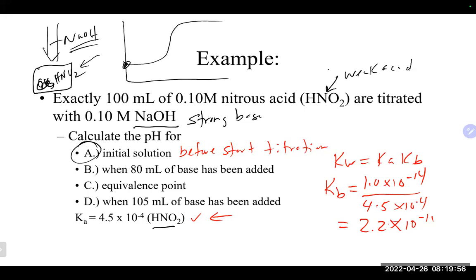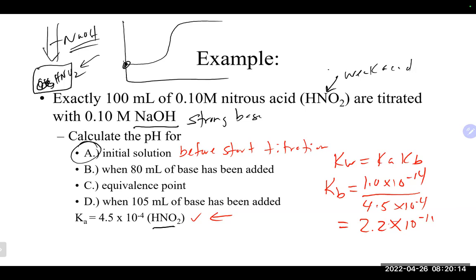Part B here was before the equivalence point. So again, we know we're before the equivalence point. When we do our ICE table, we do need to do the reaction between obviously HNO2 in this example and sodium hydroxide. It does need to be done in moles because we are adding volume at this point.